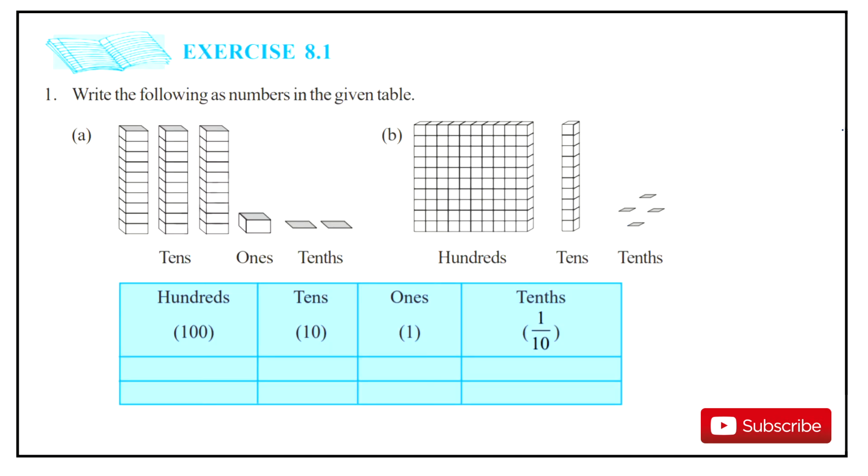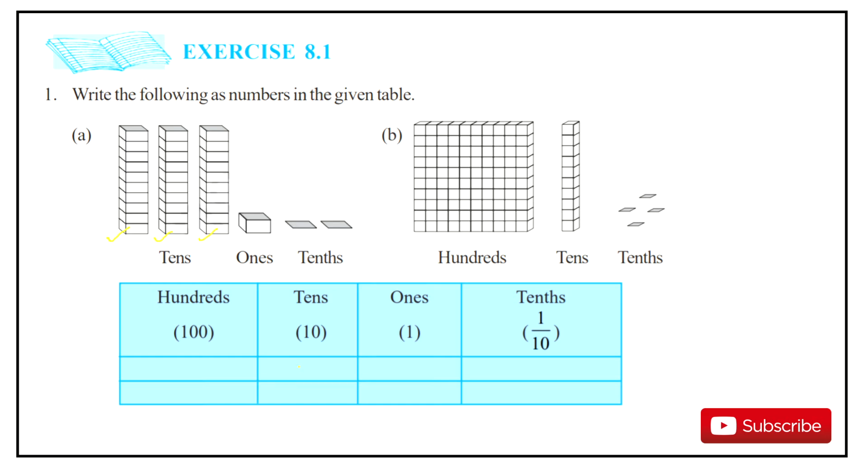Okay. Let's begin with the first question from your exercise. Write the following numbers in the given table. If I want to write these numbers in the table in hundreds, tens, ones and tenths, hundredths and thousandths, let me first count the blocks. For the first figure, if I count the tens, how many stacks are there? 1, 2, 3.